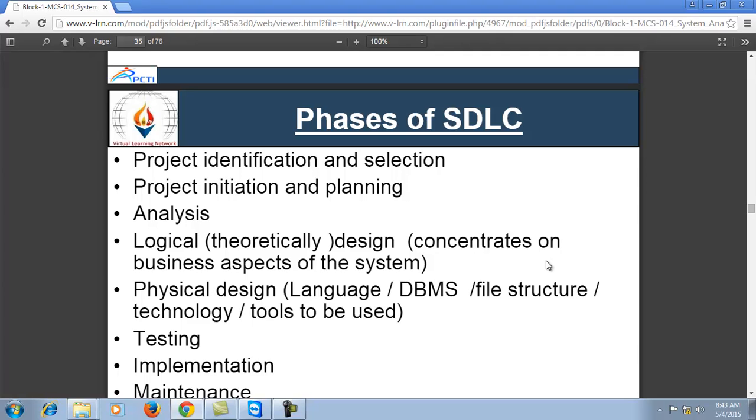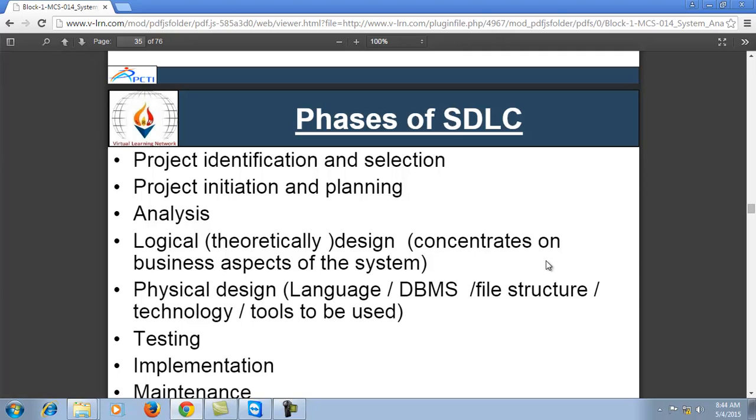Next is questionnaires. By making use of some questionnaires, the system analyst can find out the answers and feedback to many questions which are cropping up in the mind of the analyst, and that helps them to prepare a good system.